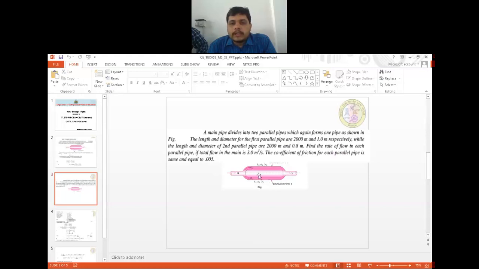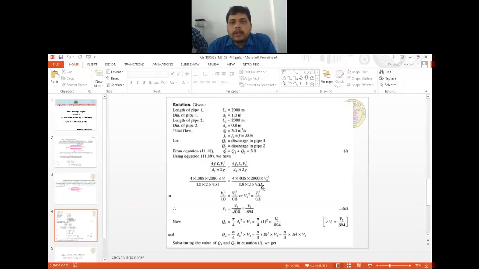As per this sketch, now we have to write the given data. Length of branch pipe 1, denoted by L1, is equal to 2000 meter. Diameter of pipe 1, D1, is equal to 1 meter, and length of pipe 2, L2, is equal to 2000 meter, and diameter of pipe 2, D2, is equal to 0.8 meter.